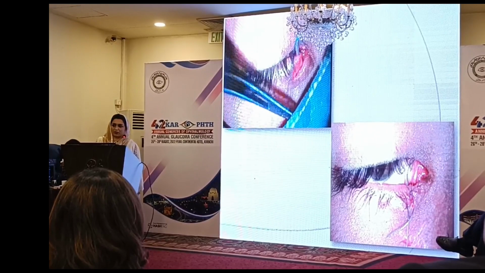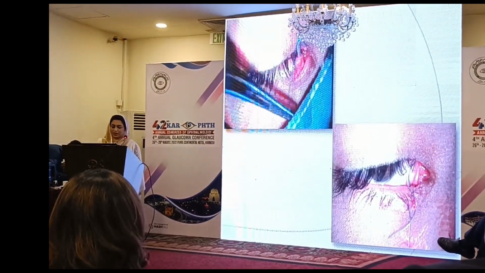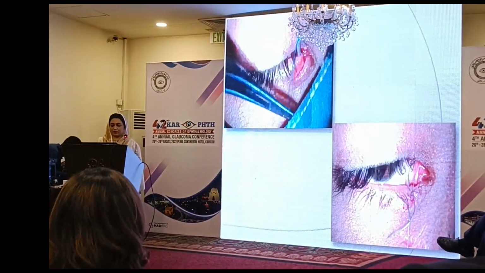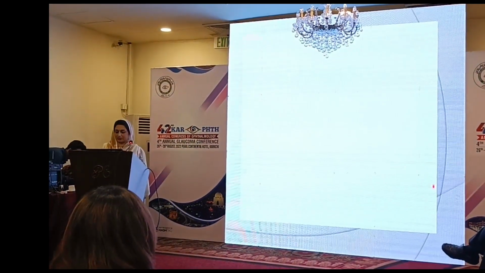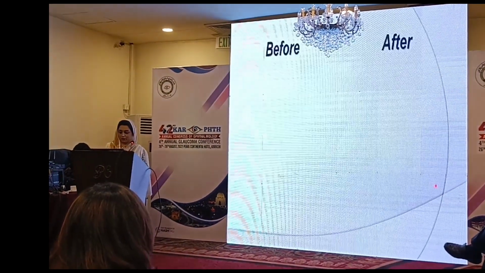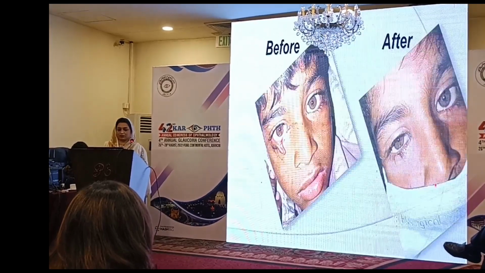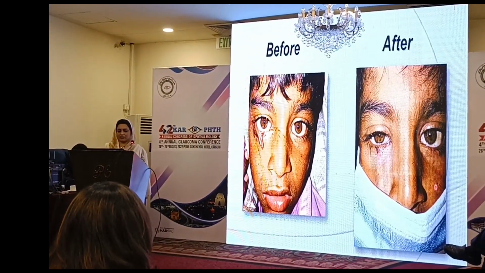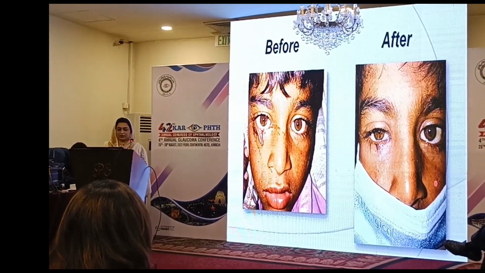And then the lid repair was done. The posterior part was repaired behind the tube, and the front part was repaired as normally we do. This was a simple case that we did at our center.